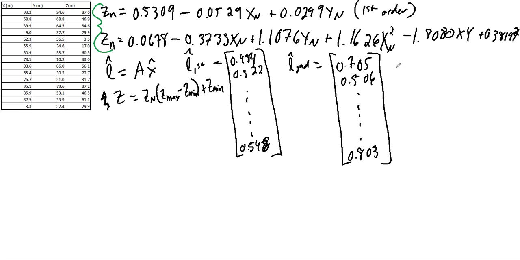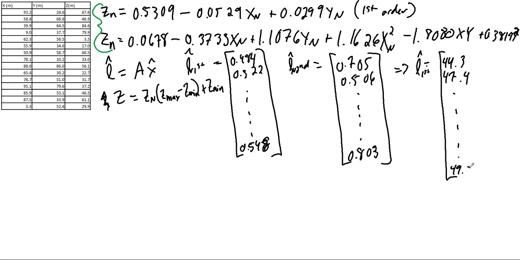So now my L hat regular, because these were normalized, for the first order is now 44.3, 47.4, dot, dot, dot, all the way down to 49.6.